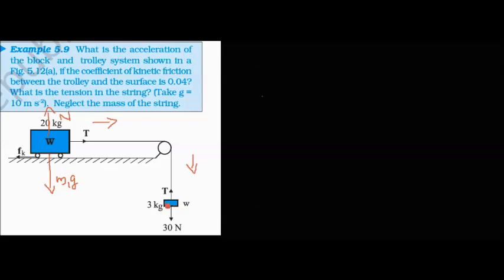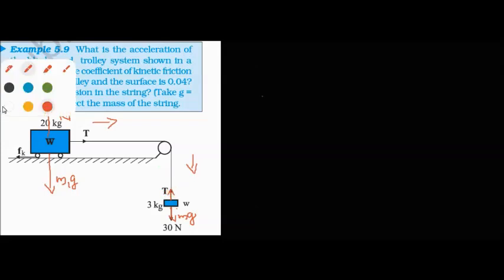Now look at the second block, 3 kilogram. In the question they marked the direction of forces. The first force is mg, which is acting along the downward direction, and the next force is the tension, which is acting along the upward direction. When we draw the free body diagram, it will look like this.